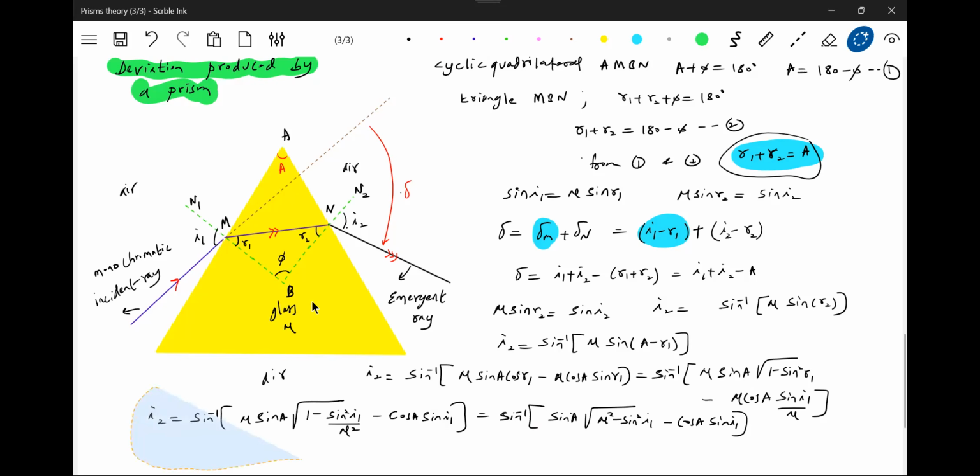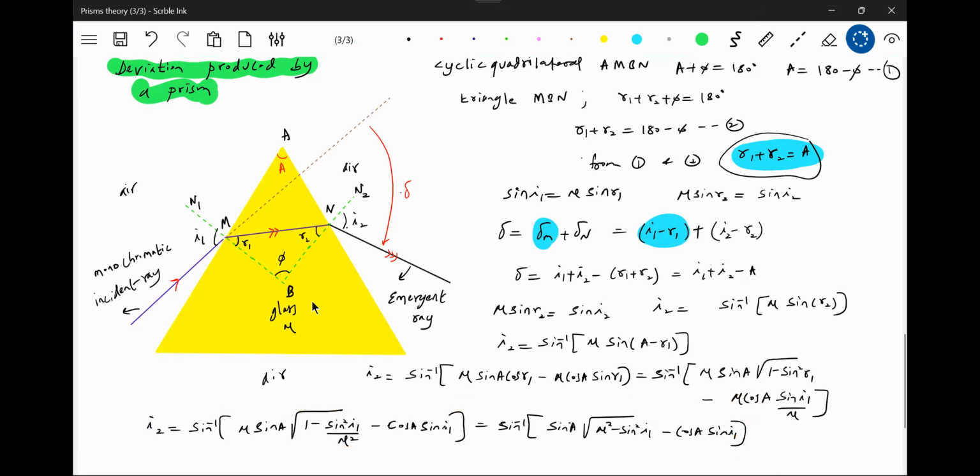Okay, this is the expression for the angle of emergence.